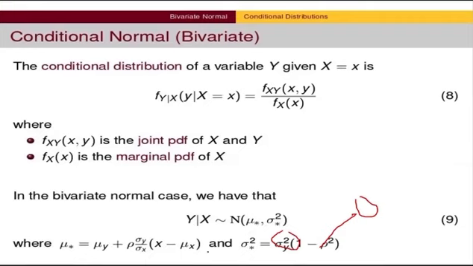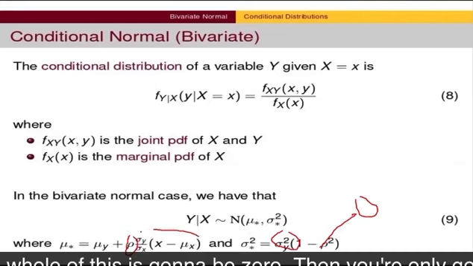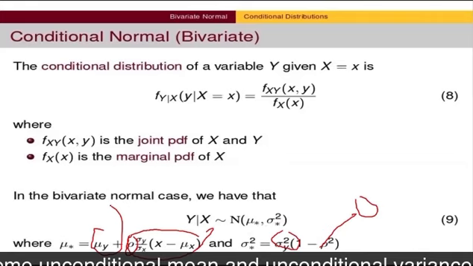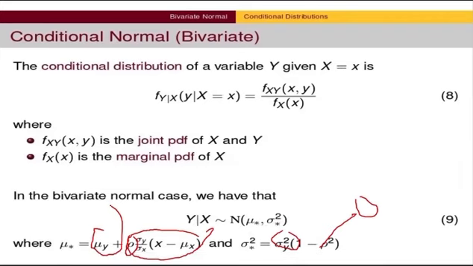If the rho here is zero, the whole of this is going to be zero. Then you're only going to have a mean for y. The only condition under which conditional mean and conditional variance become unconditional mean and unconditional variance is when there is no relationship between x and y. Of course, if there's no relationship, why am I conditioning an event on another event? I'm not going to do that.